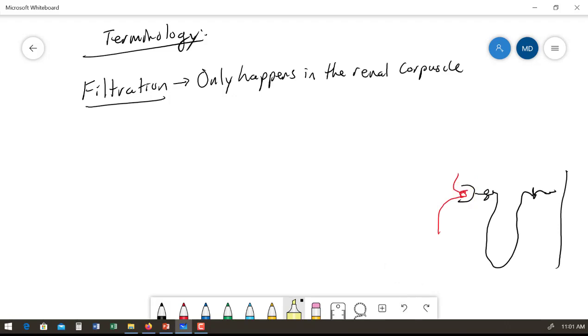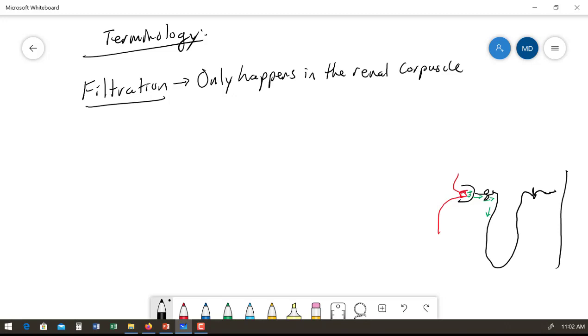What's happening is that blood is coming into the nephron here and moving through the glomerulus and being filtered across this tiny gap that you might be able to see there. So the blood gets filtered through the glomerulus, and then that comes out as a pre-urine that then starts traveling through the tubules here. But that filtration is taking place in the renal corpuscle.